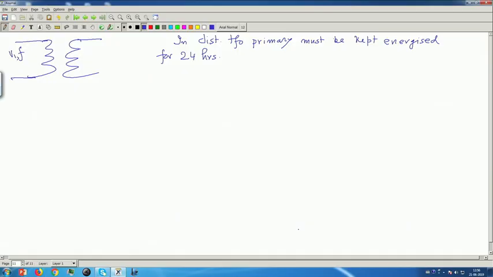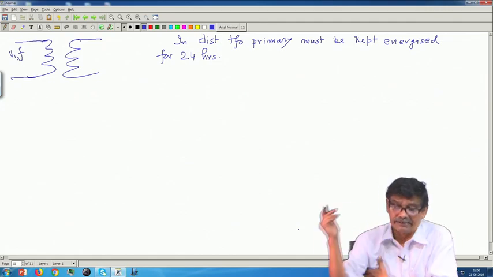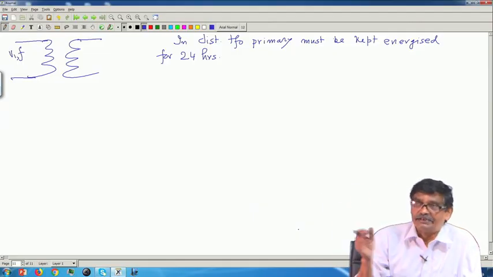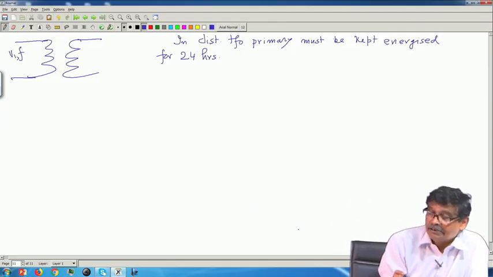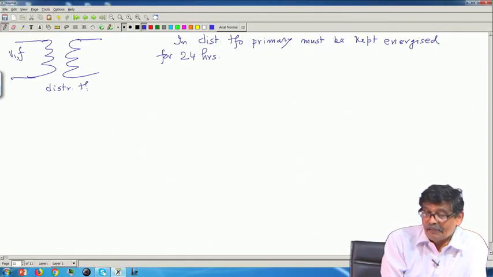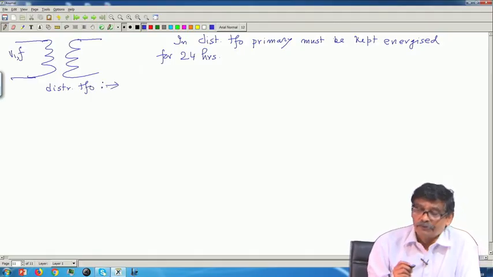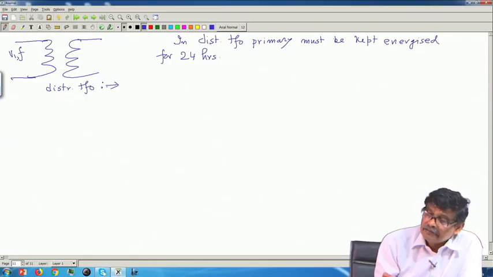Now, suppose I have to make some statistical observations on how the load pattern changes. We will not go to that level of statistical distribution, but suppose for this distribution transformer this information is known.